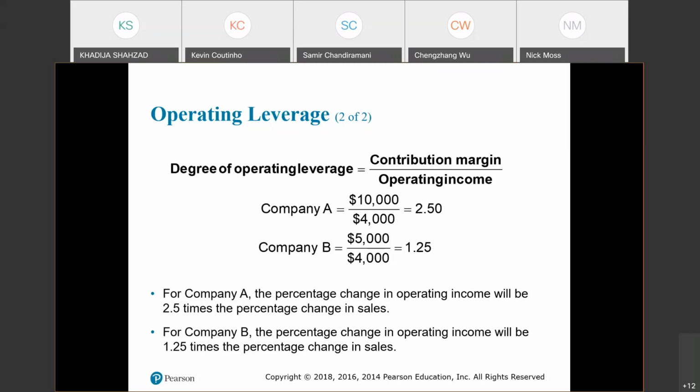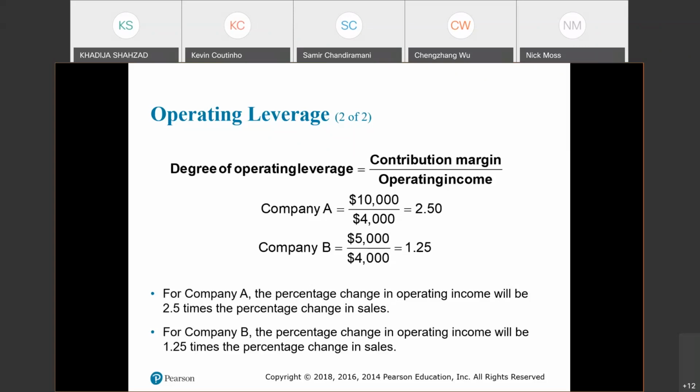Let's assume that the selling price for company A is $5 per unit, and the selling price for company B is $15 per unit.